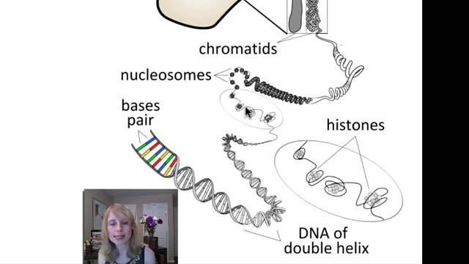Then up here, you can see that the DNA double helix gets wrapped around these little proteins called histones. So a histone is a protein that's pictured here as just one of these little circles. The DNA is wrapped around a group of histones, and this one unit of DNA wrapped around histones is called a nucleosome. So each of these, what look like little beads, each of them are nucleosomes.